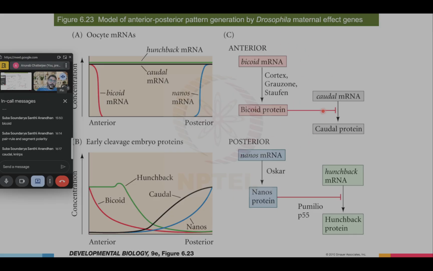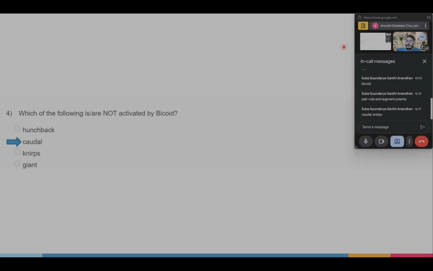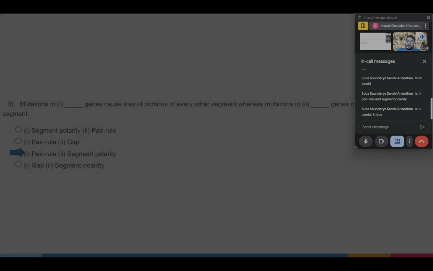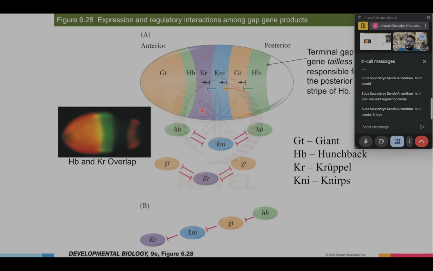So here we have a flowchart for the same. Bicoid protein inhibits caudal, so caudal is only in the posterior. Nanos inhibits hunchback, so hunchback is in the anterior. So we have this sloping kind of thing. So the answer is caudal. Nanos is a gap gene which is also activated by bicoid. So we go back.